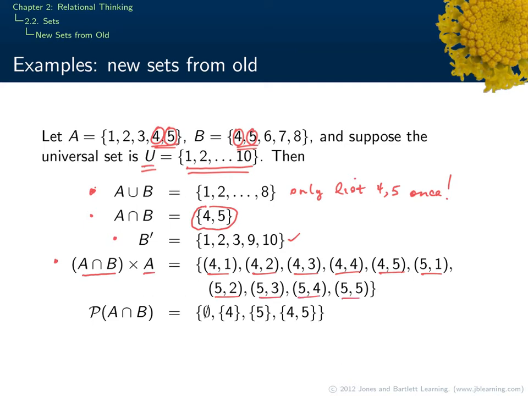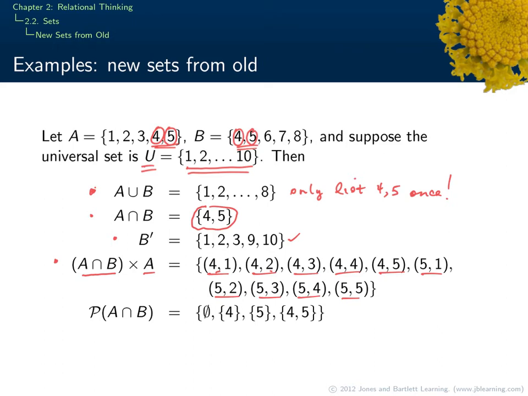And indeed, that's what happens, right? Because those are the elements of A intersect B. Now for the second entry in each pair, I want to draw from elements of A, which are the numbers 1 through 5. And I see, indeed, I get a 4, 1, 4, 2, 4, 3, 4, 4, 4, 5. So those second entries have exhausted all the elements of A. And then I go to the first element being 5, and I again exhaust all of the elements of A in the second entry.